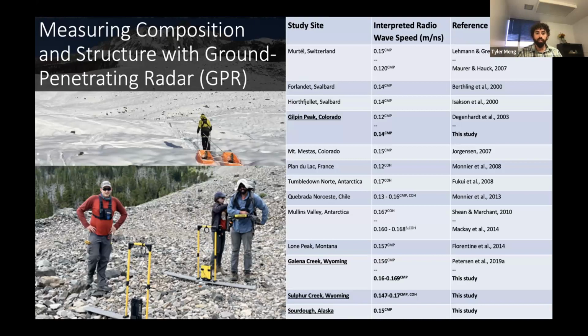feature that we're measuring. So we've used a couple of different methods on our rock glacier field sites. We went out to Alaska in the winter one year and dragged our pulse echo system on a sled.